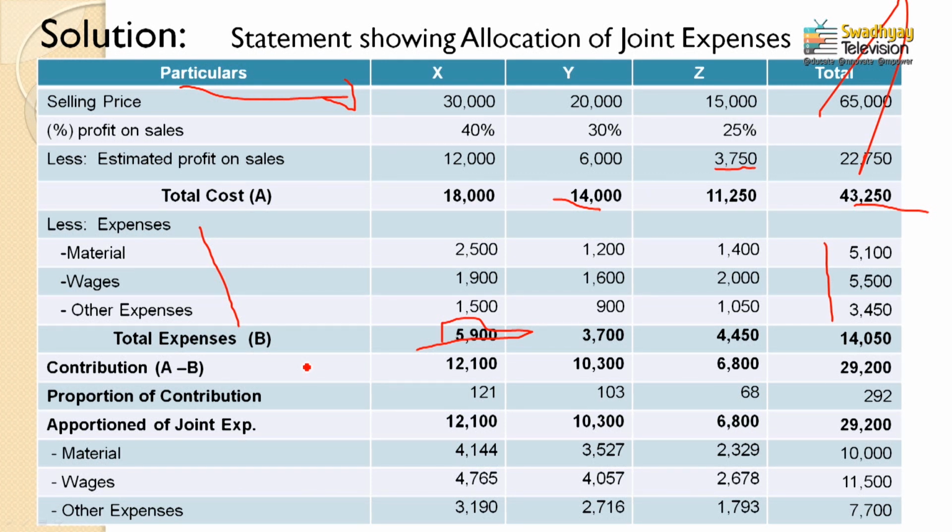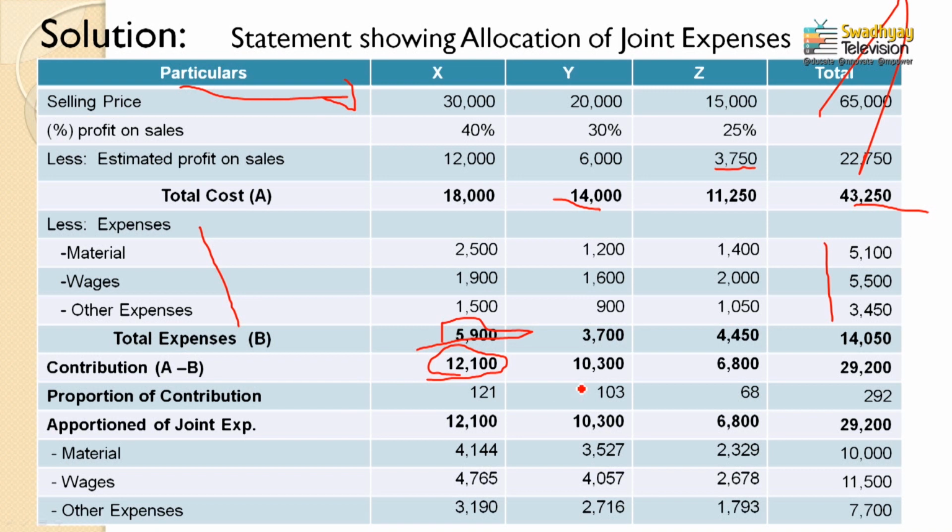A minus B, total cost minus the total expenses separately given in the question: 18,000 minus 5,900, the remaining cost of product X is 12,100 rupees. It is a remaining cost, or remaining expenses incurred jointly for the whole manufacturing company.